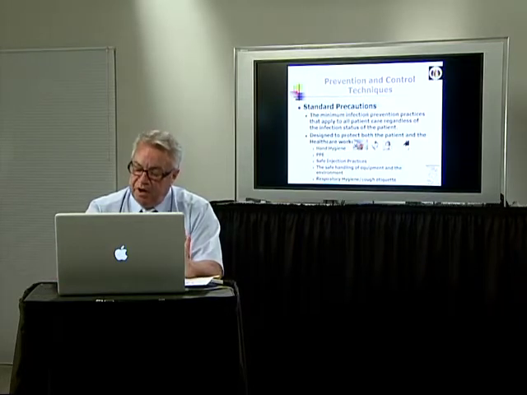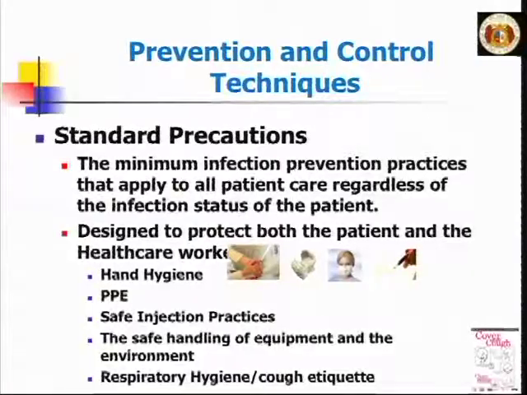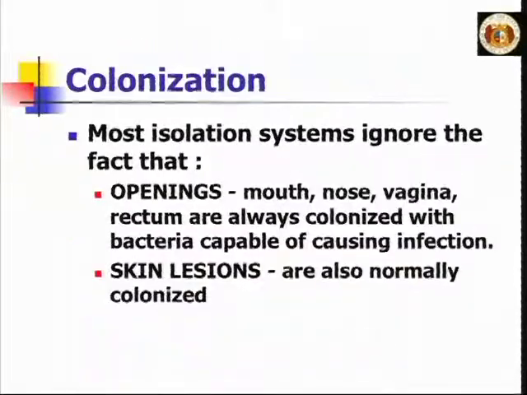And I'm going to show you the reasons that standard precautions works better. And I think, again, that iceberg that I showed you before gives you the best example. But most systems that we've used in the past have targeted that known case of infection. And what it ignored was that the mouth, nose, vagina, rectum are always colonized with bacteria, viruses, or fungi that can cause disease if they're somewhere else other than where they normally live.